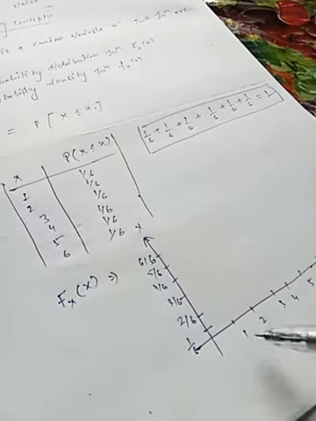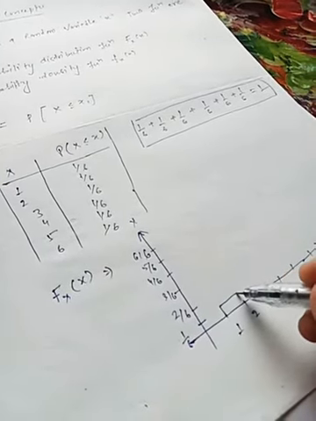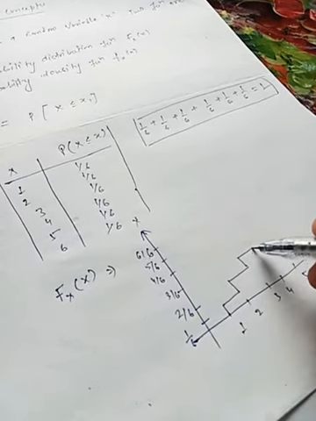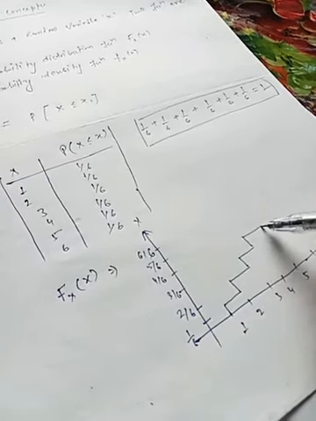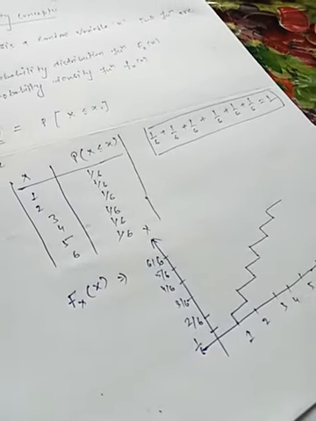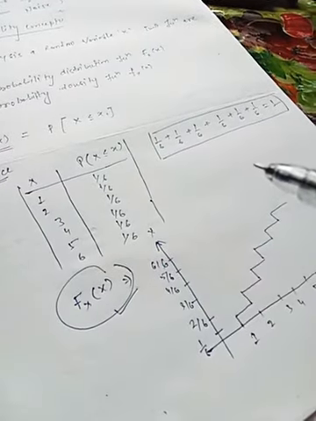These are the chances. We know that 1 by 6 at 1, 2 by 6 at 2, 3 by 6 at 3, 4 by 6 at 4, 5 by 6 at 5, and 6 by 6 at 6. That means the probability distribution function is always increasing in order.